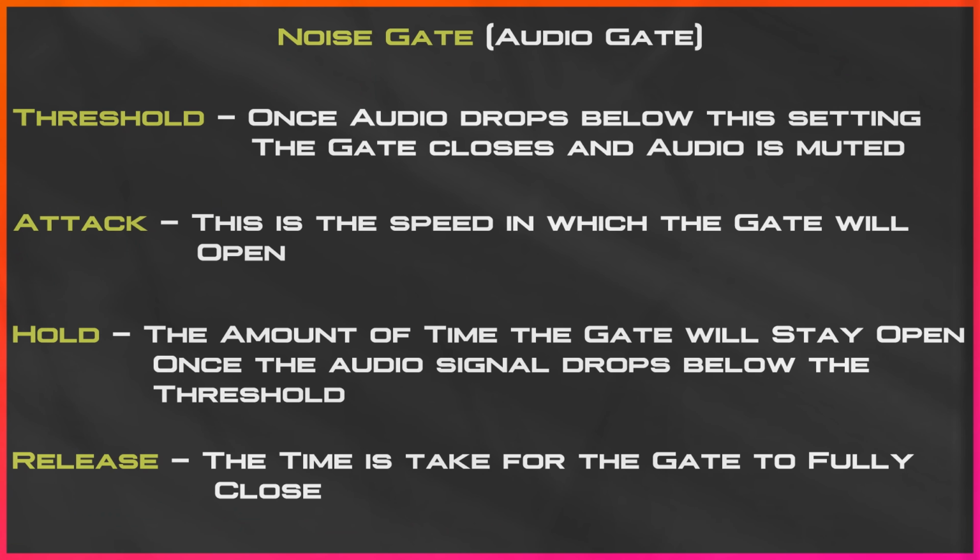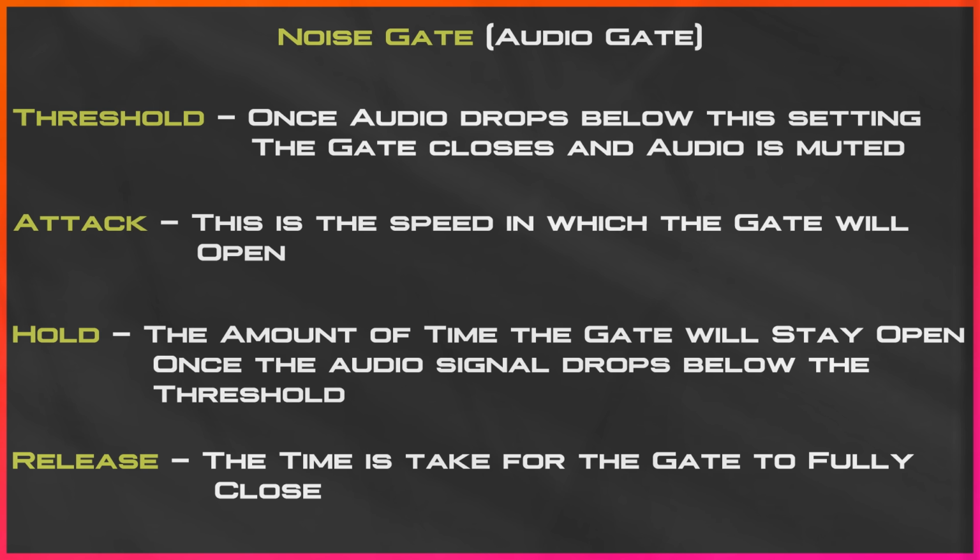The threshold is the audio level that we set, where if the audio signal drops below that threshold level, then the gate will close and the signal is muted, meaning all of the audio below negative 57 decibels will be muted and won't be heard on stream.